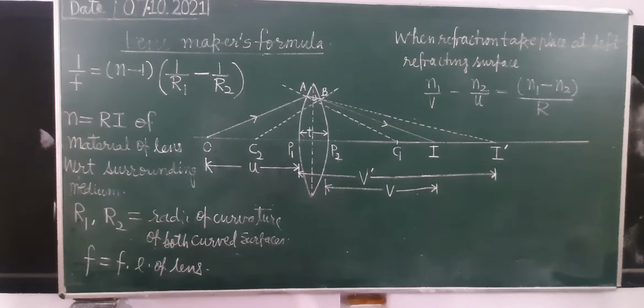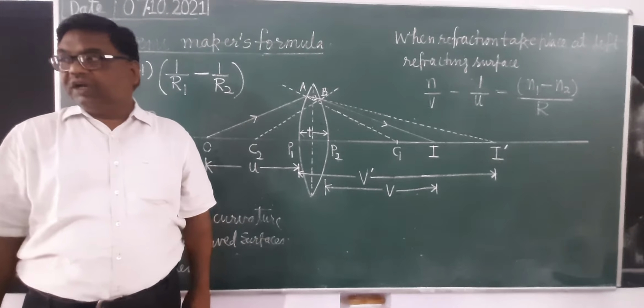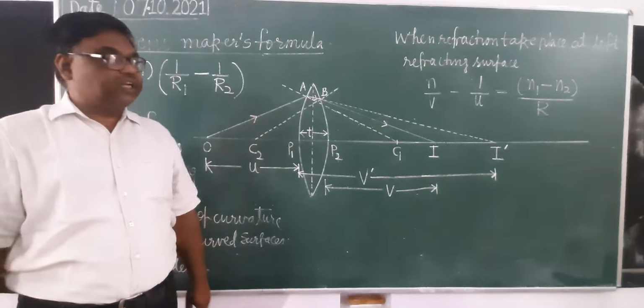What is n? n is the refractive index of the material of the lens with respect to the surrounding medium. And here the surrounding medium's refractive index has been taken as 1.